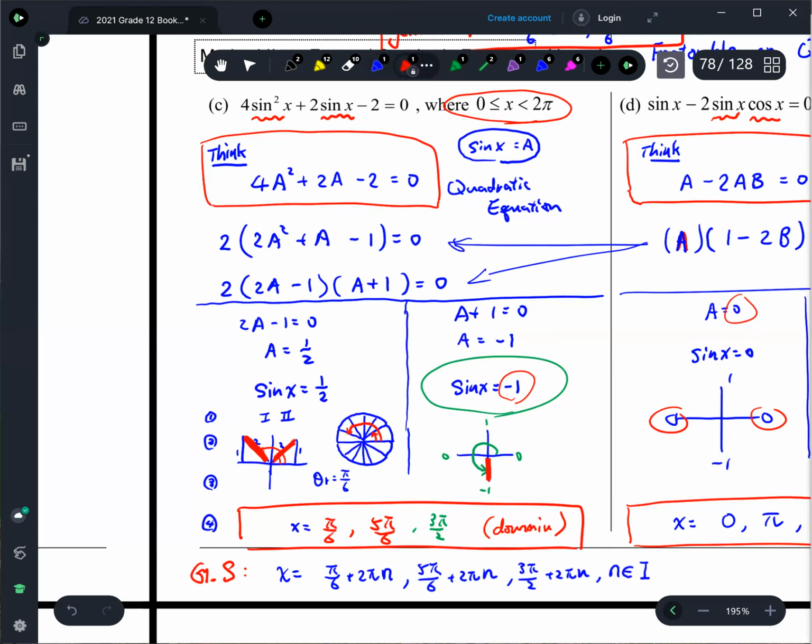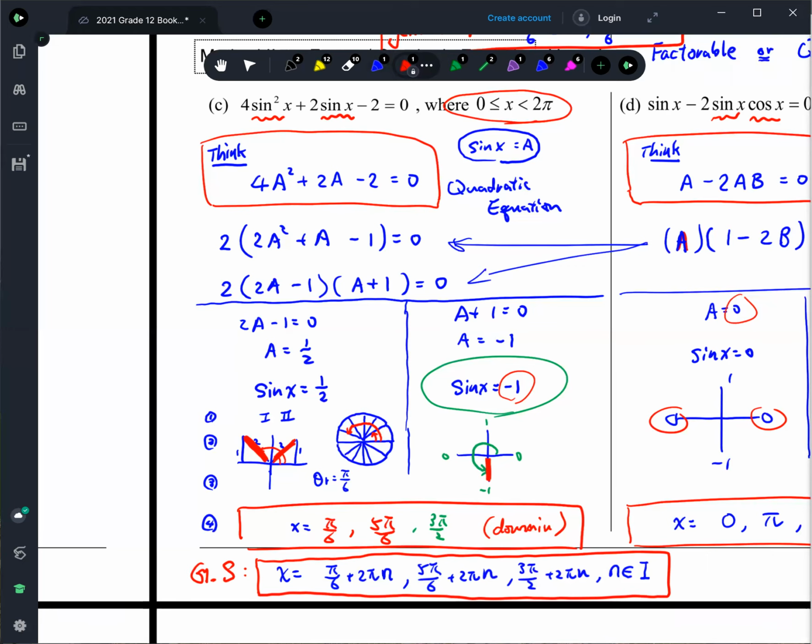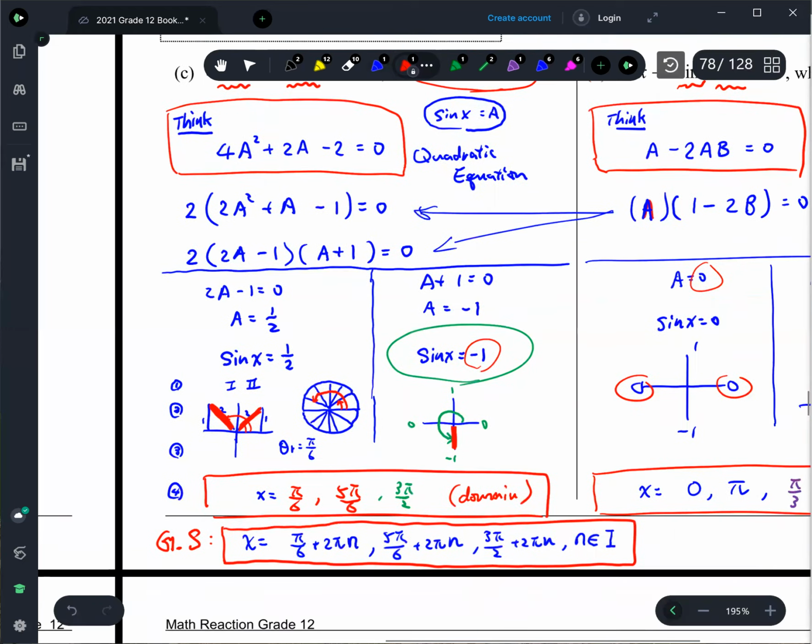You have to always add this last part as part of your answer. At school, they take little marks off if you forget that n is integers.